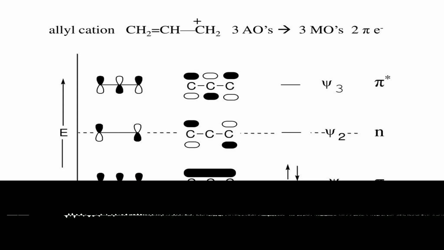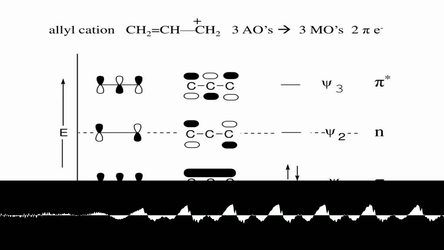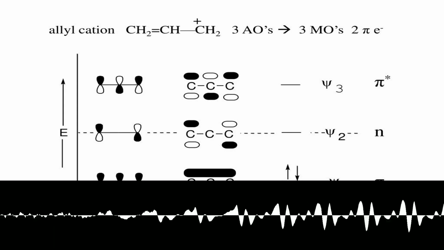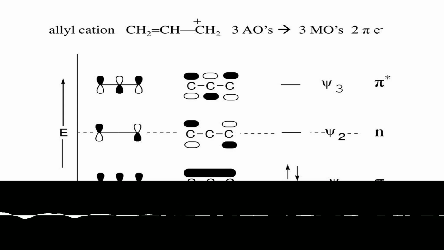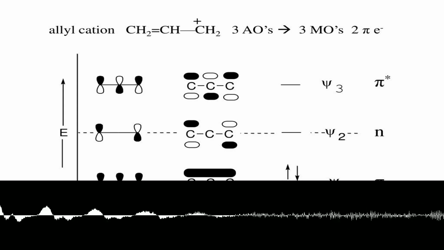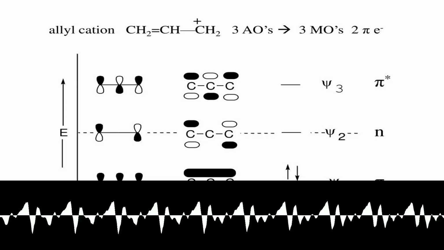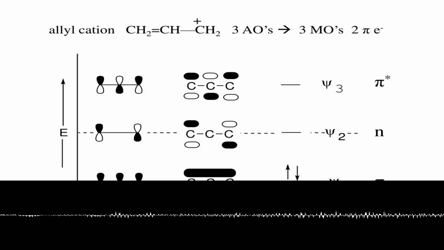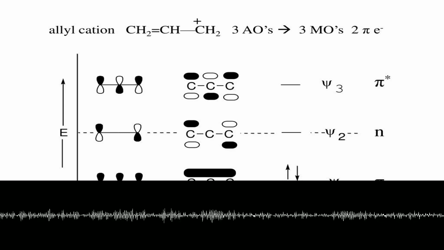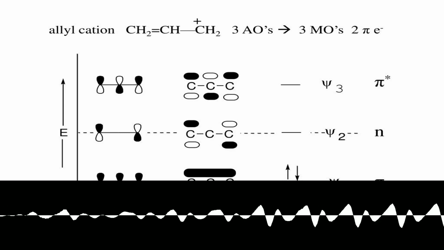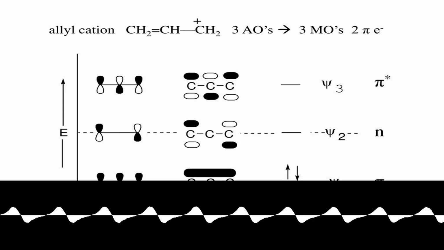A symmetry-allowed reaction is one in which all bonding molecular orbitals of the reactants correlate with bonding molecular orbitals of the products, and conversely, all antibonding molecular orbitals correlate with antibonding molecular orbitals. Symmetry-forbidden reactions involve crossings of bonding and antibonding orbitals, leading to high-energy barriers.